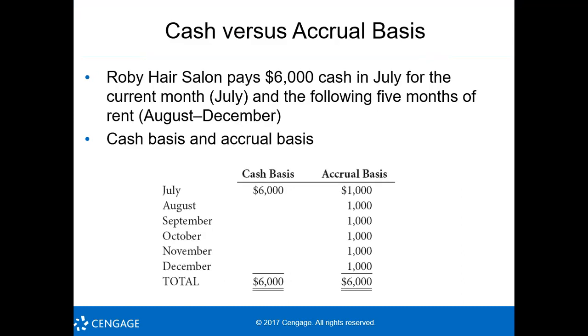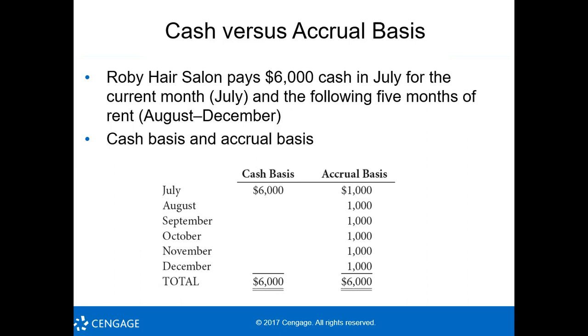All right, so this example is just showing you the difference of the cash basis versus the accrual basis. It says, Roby Hair Salon pays $6,000 cash in July for the current month, July, and the following 5 months of rent, August through December. So we pay $6,000 cash in July, and that's for our rent for the next 6 months, right?